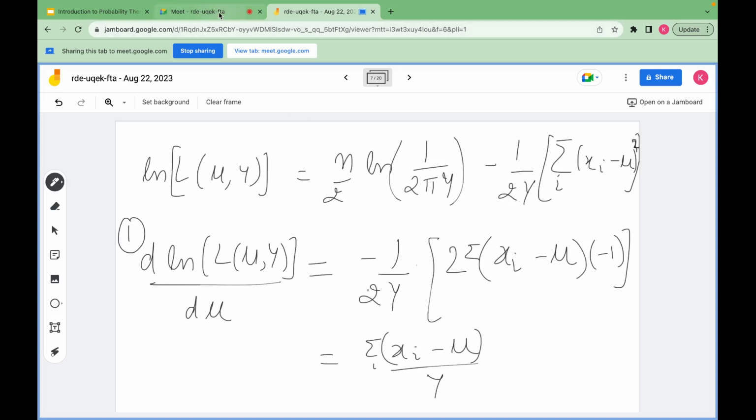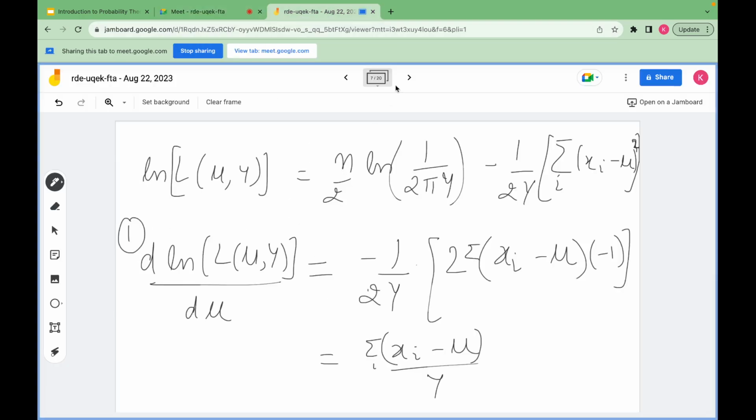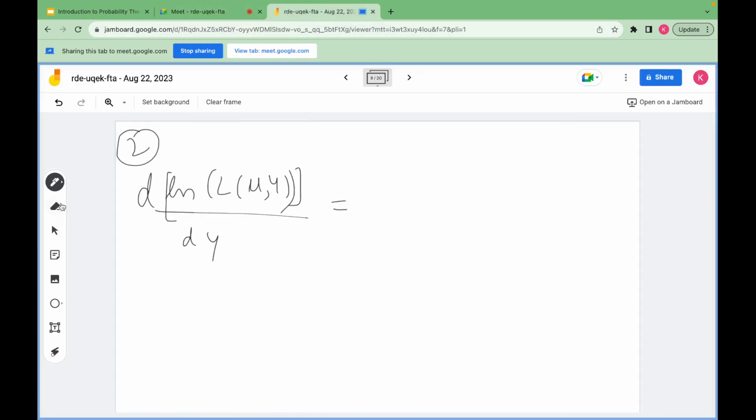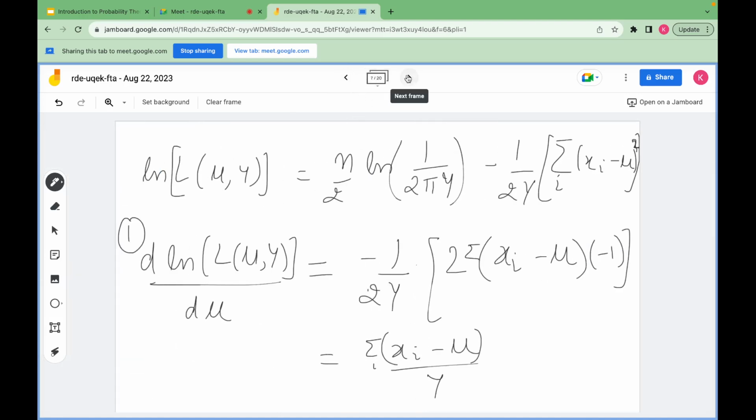We will just manipulate it a little, slightly changing the terms.